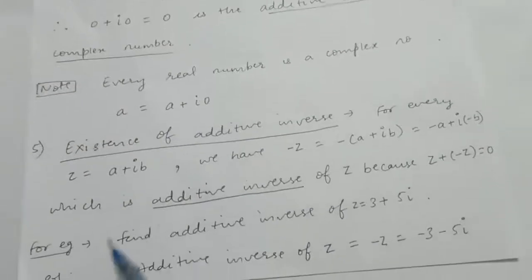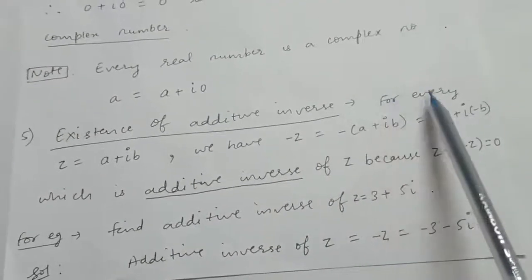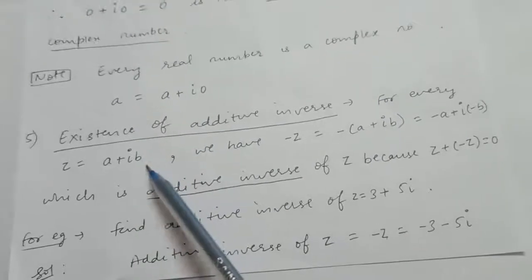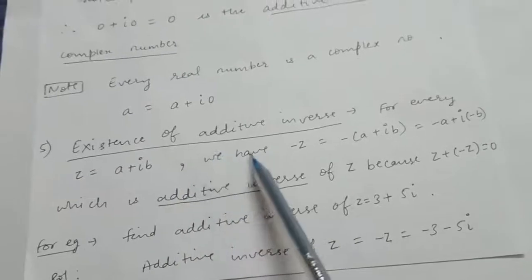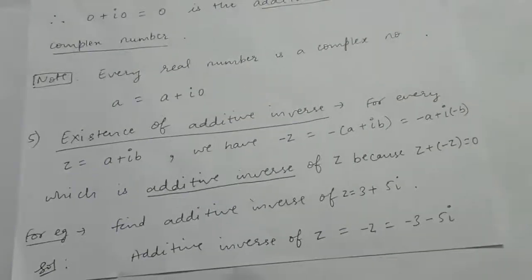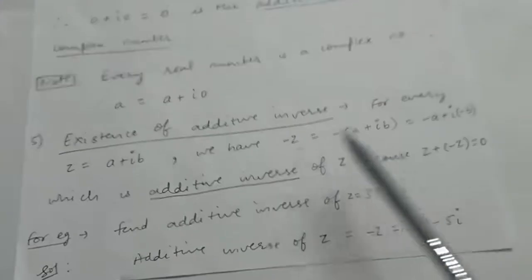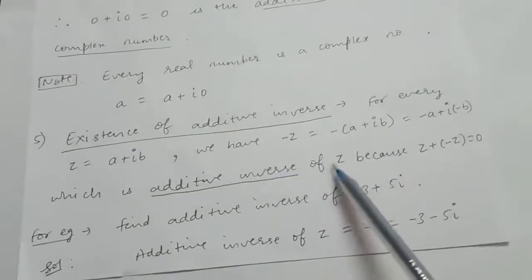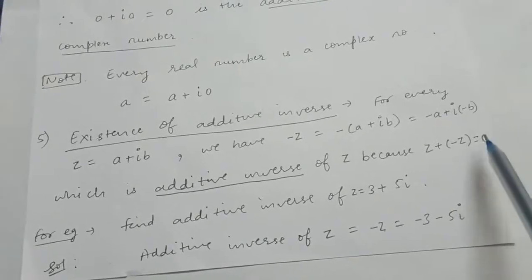Now comes the existence of additive inverse. For every complex number z equal to a plus iota b, we have minus z, which is minus of this a plus iota b, which is equal to minus a plus iota into minus b, which is the additive inverse of z, because z plus minus z is equal to 0.